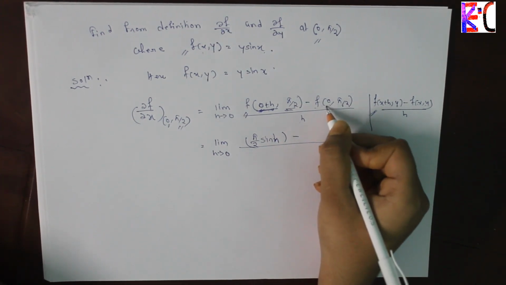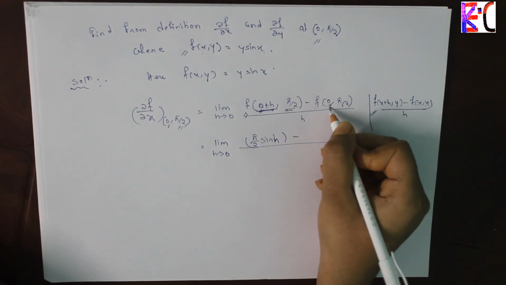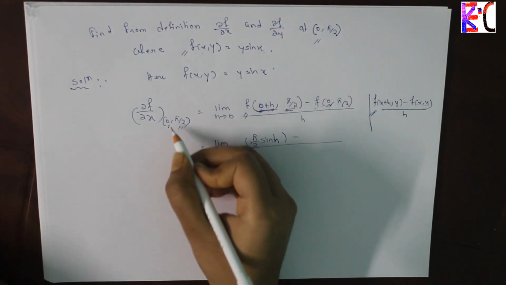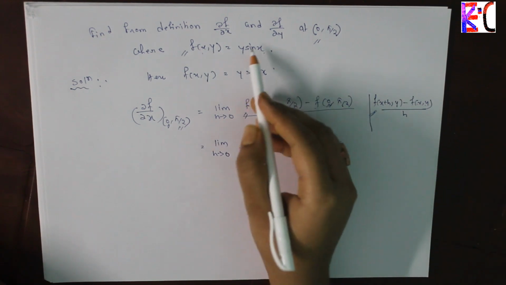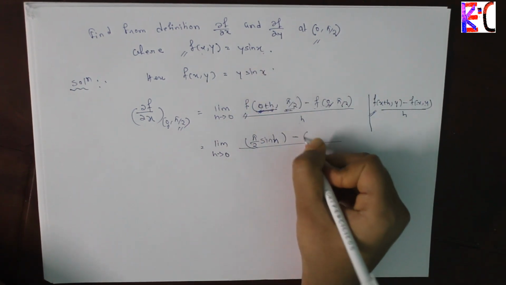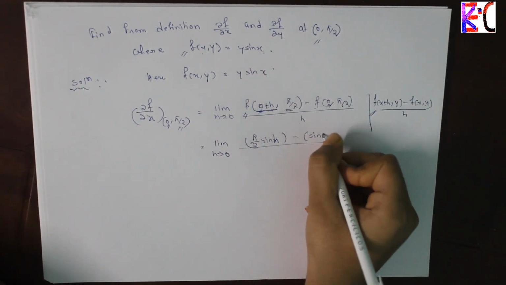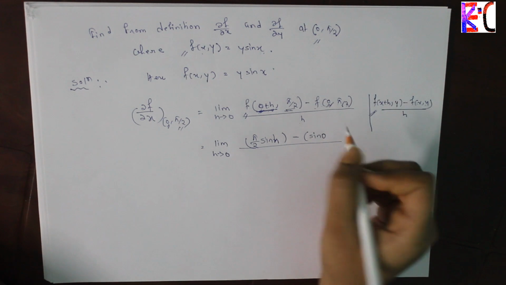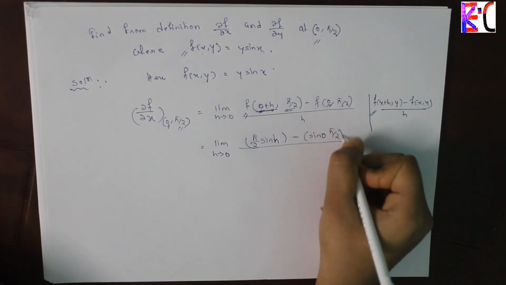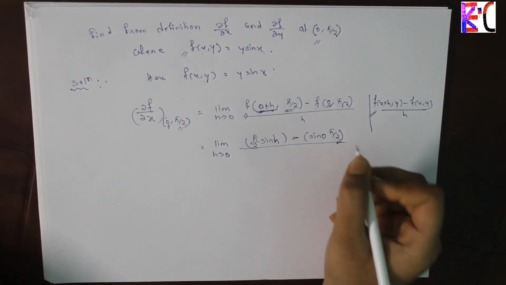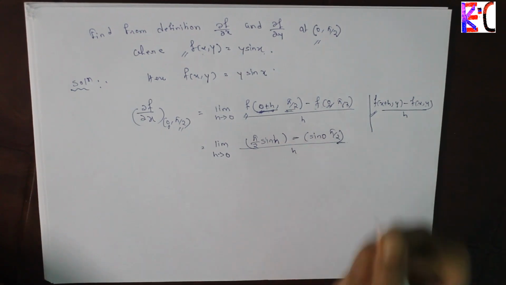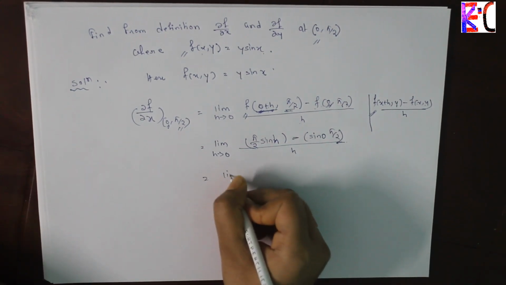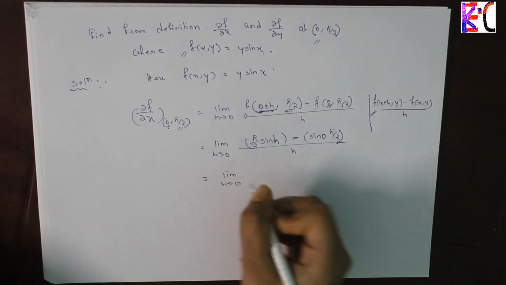Here 0 is x, so sin x is sin 0, and pi by 2 is y, that is pi by 2, by h. Okay, limit h tends to 0.